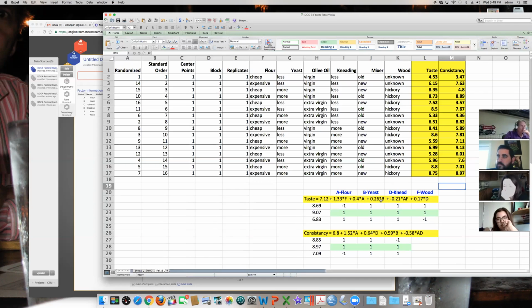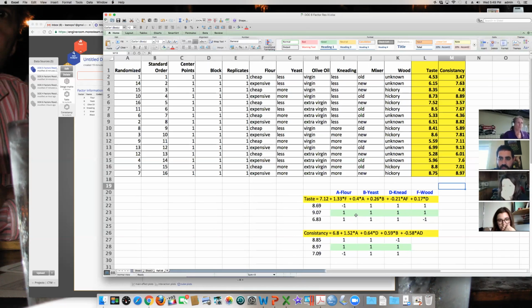But on B, since there's no interaction, I know that I get like 0.26 of an effect on my taste if I just make B into a 1. So B is always going to be 1. And the same thing on D. I get a 0.17 effect on D. There's no interaction, so I'm going to go ahead and put that in.